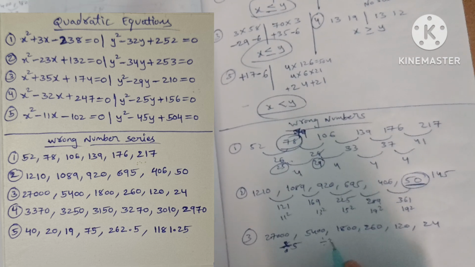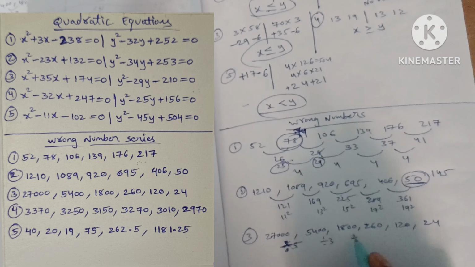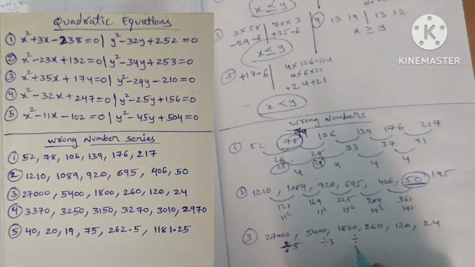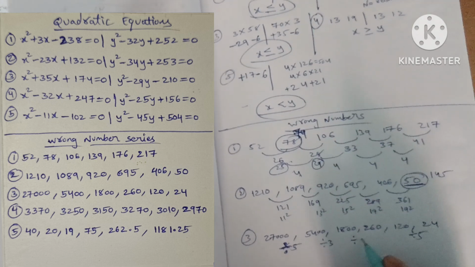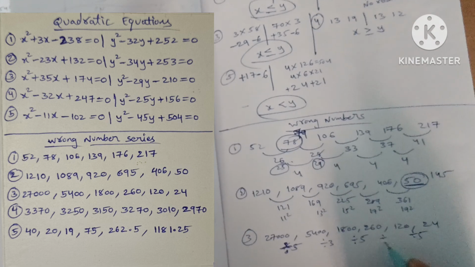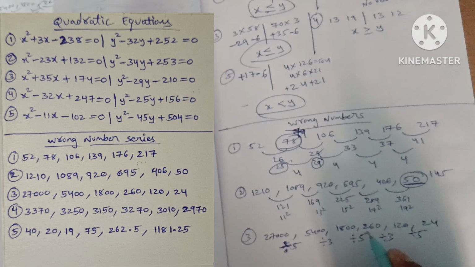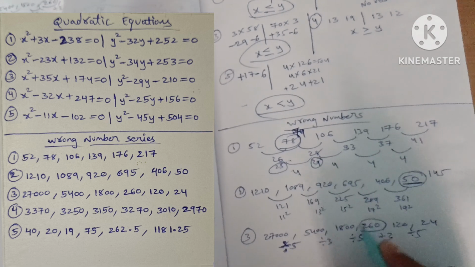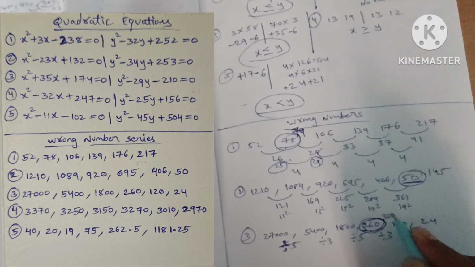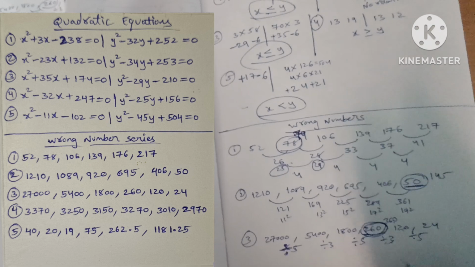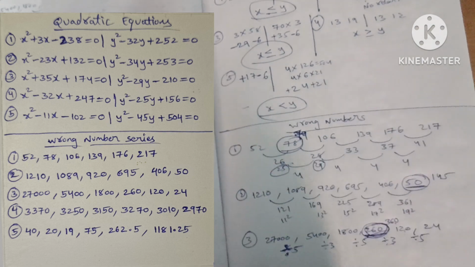Here it is divided by 3 times. So further on, this is divided by 5 times. If it is 5 times and divided by 3 times, we get here 260 is the wrong number and 360 is our right number. 360 divided by 3 is 120. So 260 is our wrong number.